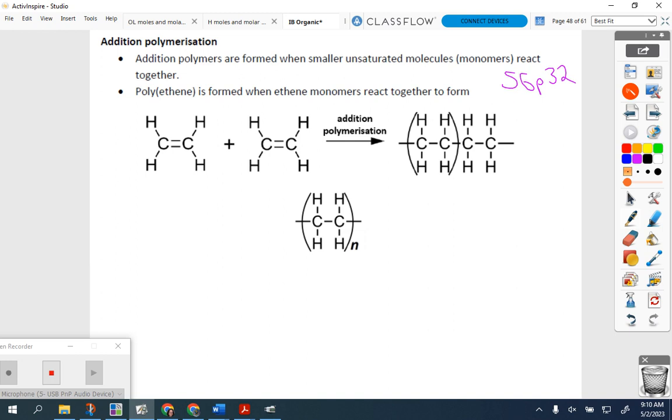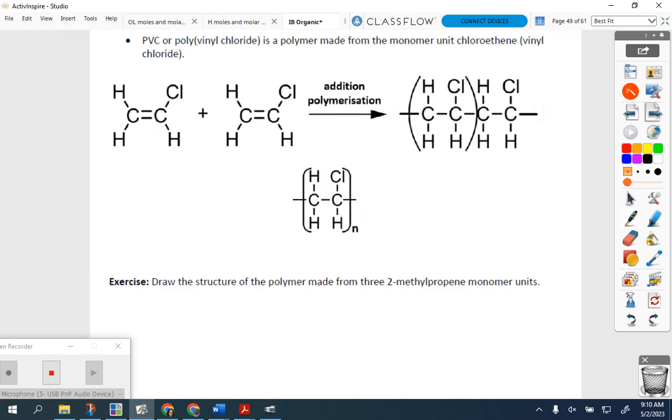So that's the easiest basic one, and then there are several more in your study guide and in the chapter. PVC is essentially the same thing, but instead of an ethene molecule, we have chloroethene.